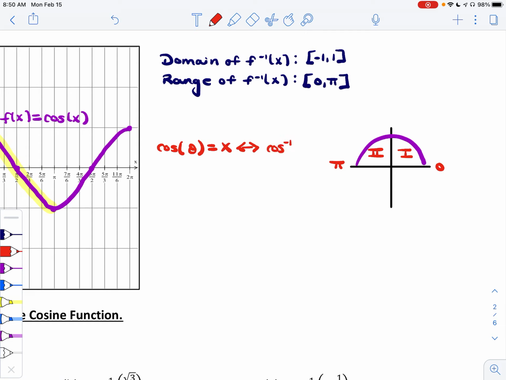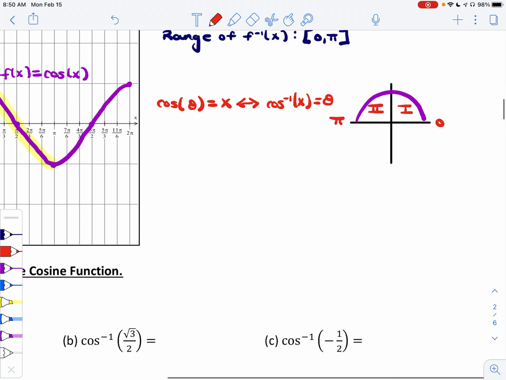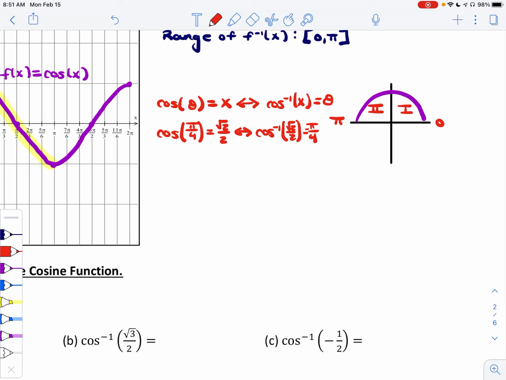Now you're going to put in an x value on your unit circle and you get out an angle. So for example, we know that the cosine of pi over 4 is equal to √2/2. So this is equivalent to saying that the inverse cosine of √2/2 is equal to pi over 4.